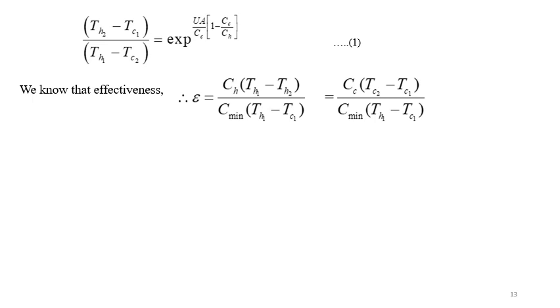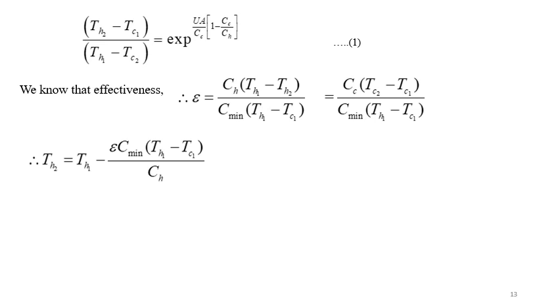We know that the effectiveness is equal to Q actual by Q max. Writing Q actual in terms of the hot fluid and cold fluid, effectiveness is equal to Ch into (Th1 minus Th2) divided by C min into (Th1 minus Tc1), which is equal to Cc into (Tc2 minus Tc1) divided by C min into (Th1 minus Tc1).